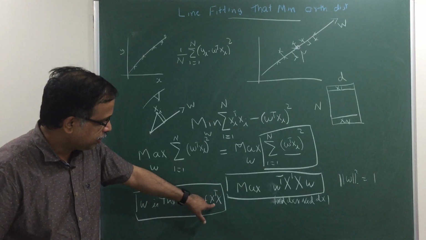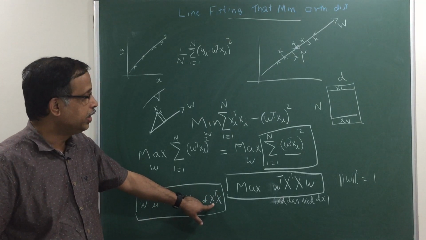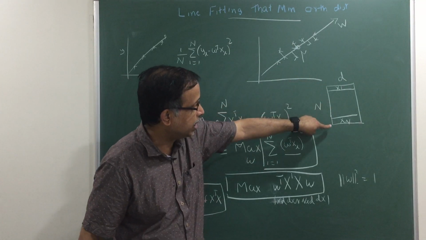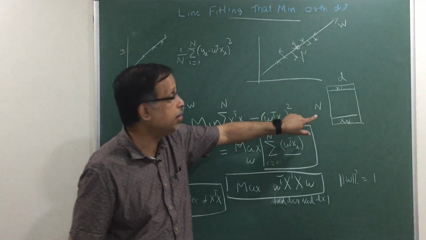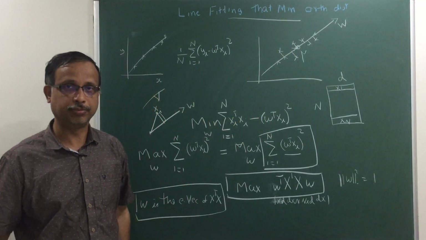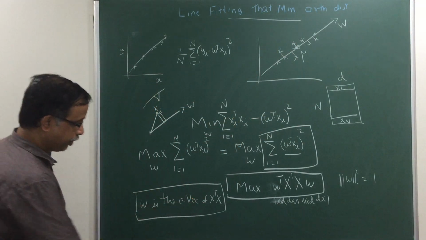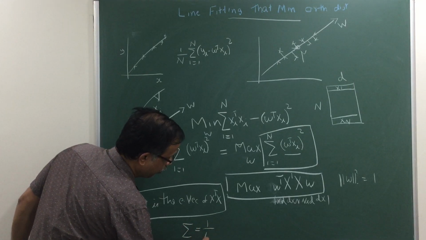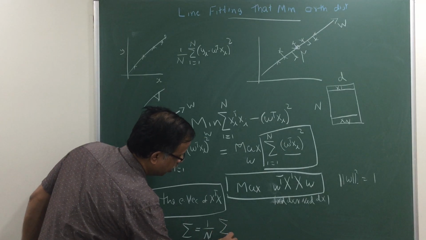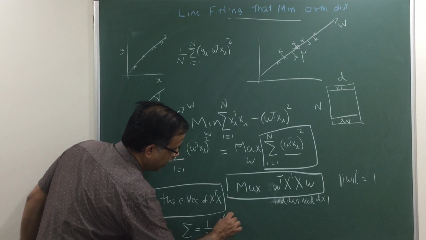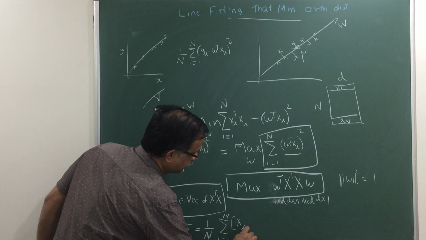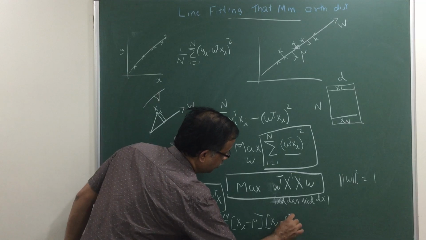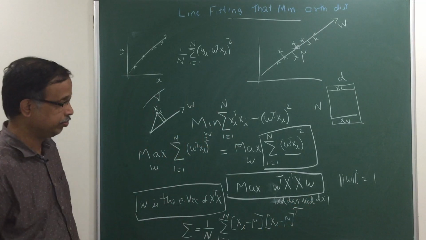Let us come back and see what X was here. X is a matrix with all the rows as the samples, but remember the samples were all mean subtracted samples. If you remember, our covariance matrix was 1 by n, sum over i equal to 1 to n, of (xi minus mu) into (xi minus mu) transpose.